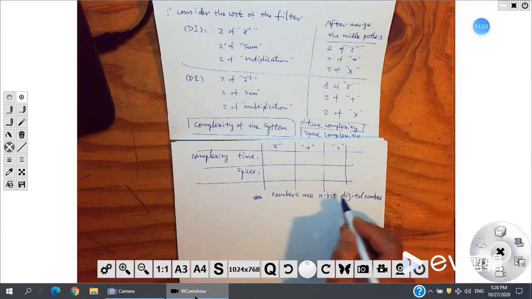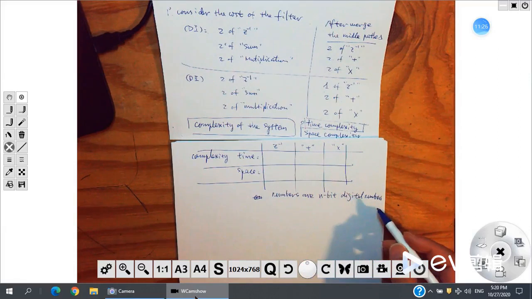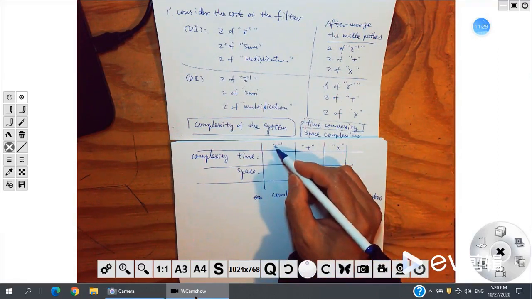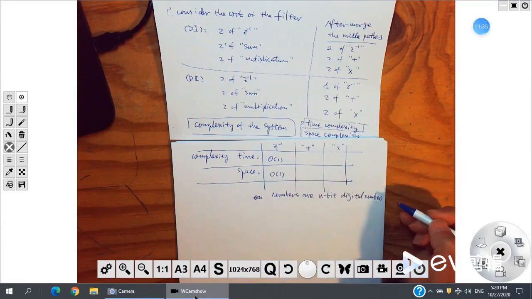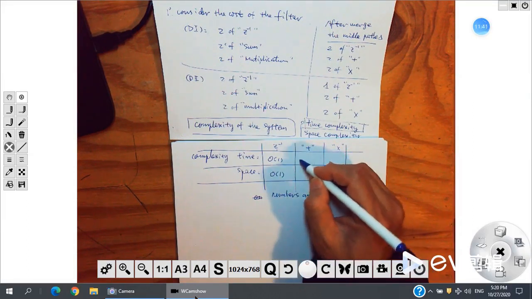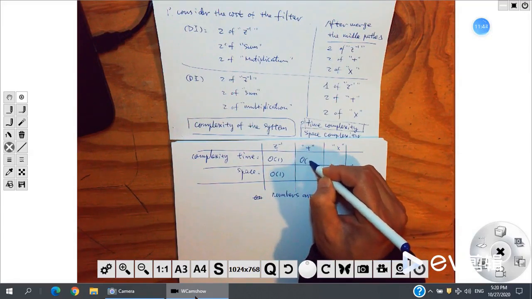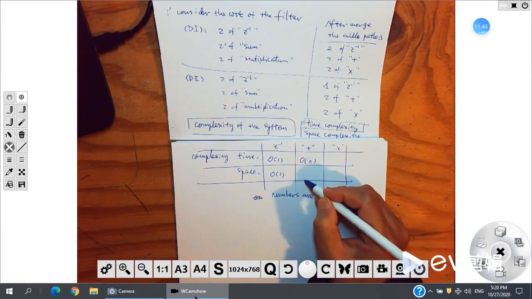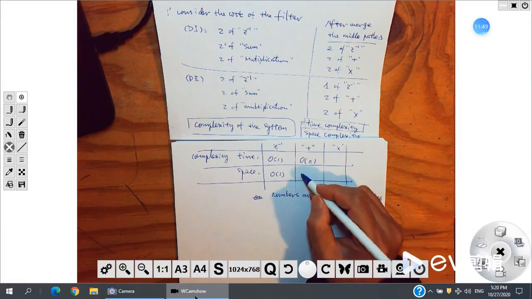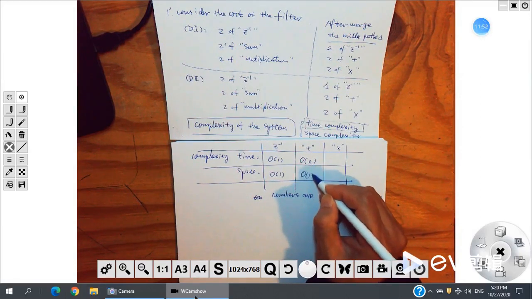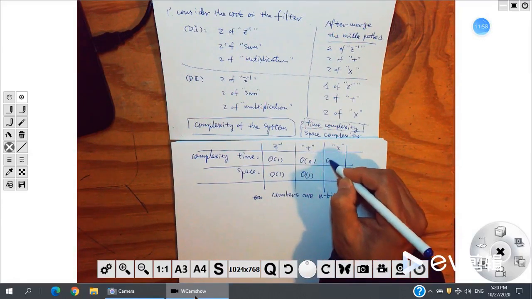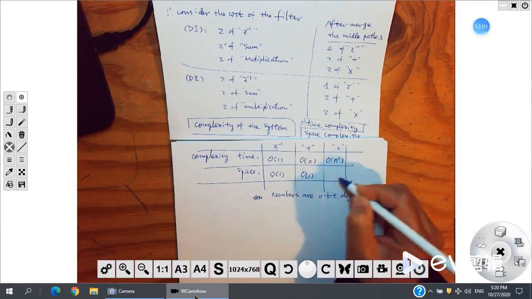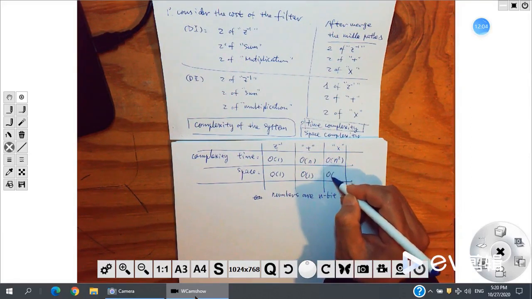Suppose n-bit. Then the complexity for the delay, I write in this way. This is like a constant. Yeah, it is just constant. And then summation, that will be something related with n. And for the space complexity, I think it's less. Maybe it's still this one, similar with this. Right. And for multiplication, the time will be related with n squared, and the space will be related with n.